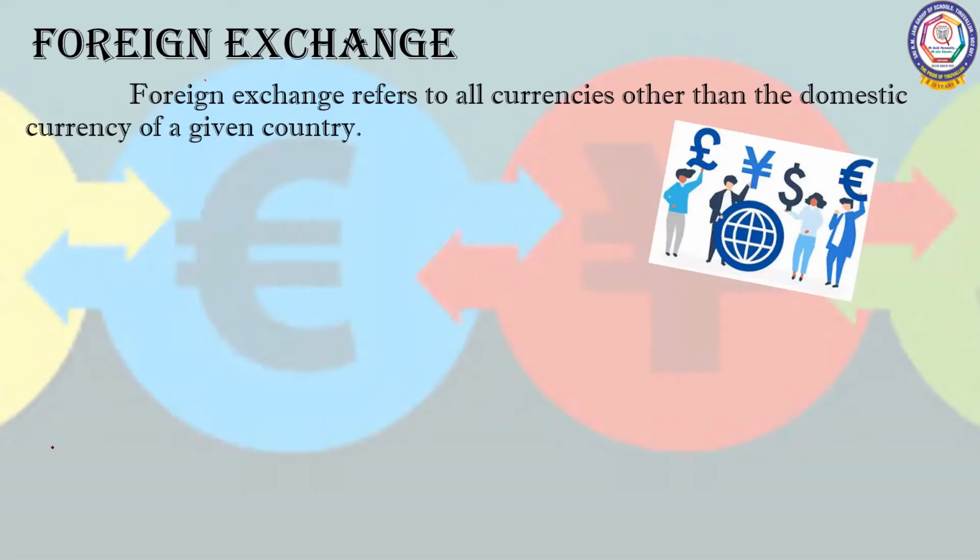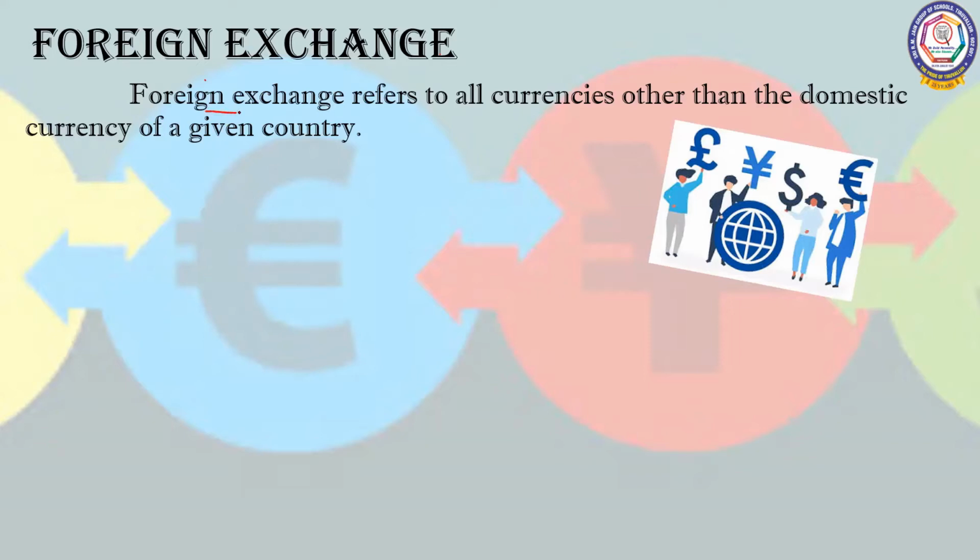Each country has its own currency. For example, USA's currency is US dollar, UAE's currency is dirham, Japan's currency is Japanese yen, and India's currency is rupees. Then what is foreign exchange?